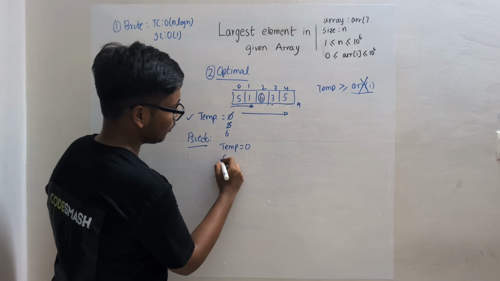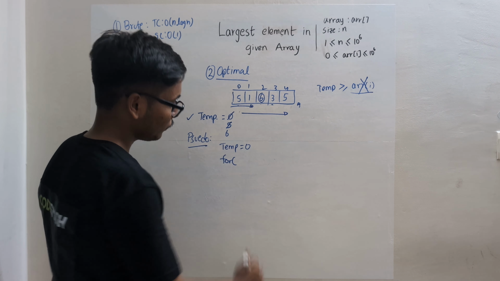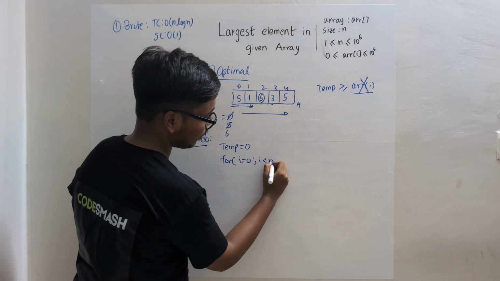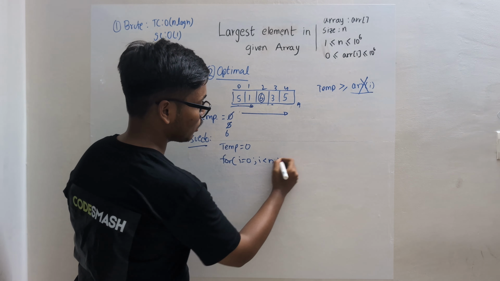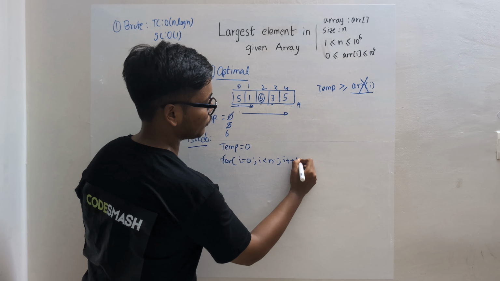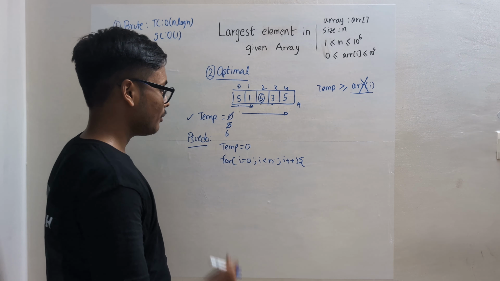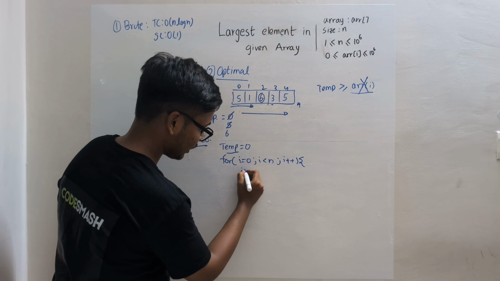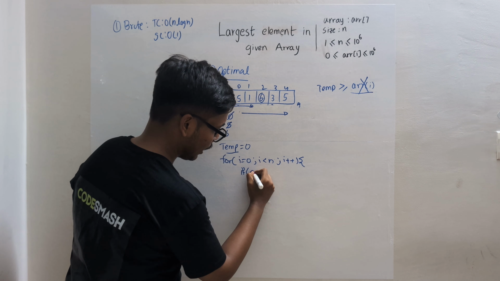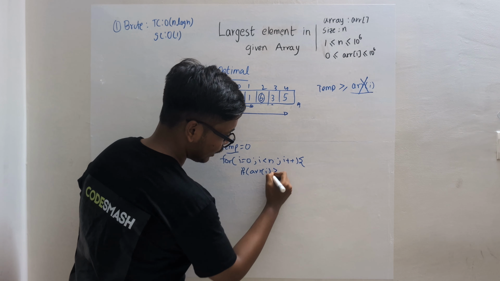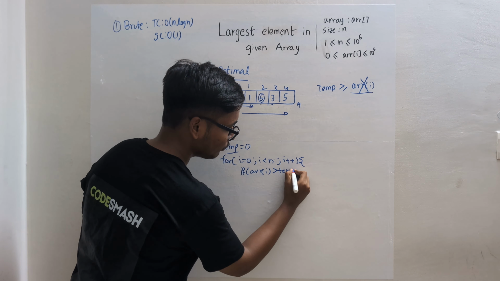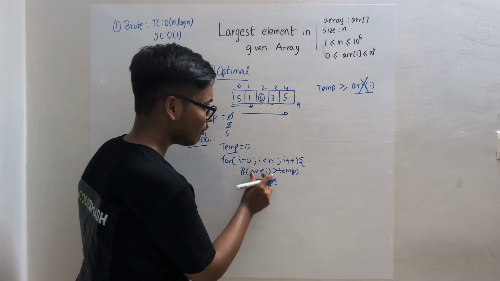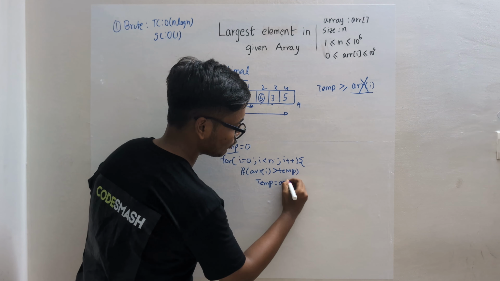After that, we go through the loop from index 0 up to index n minus 1, incrementing the index. If we find any element greater than the value of temp, we will replace the value of temp with the value at that index, which is arr[i].